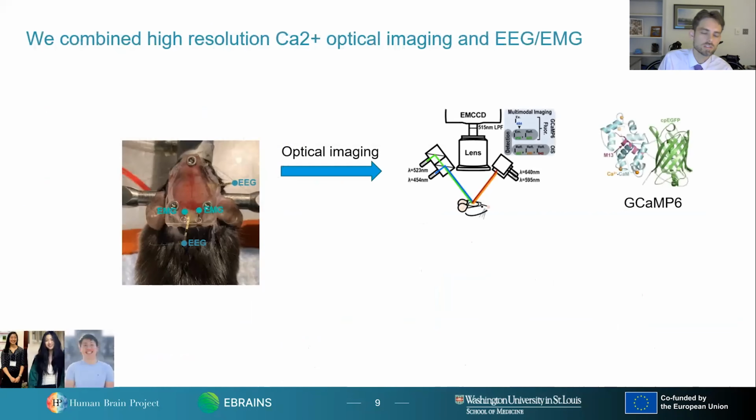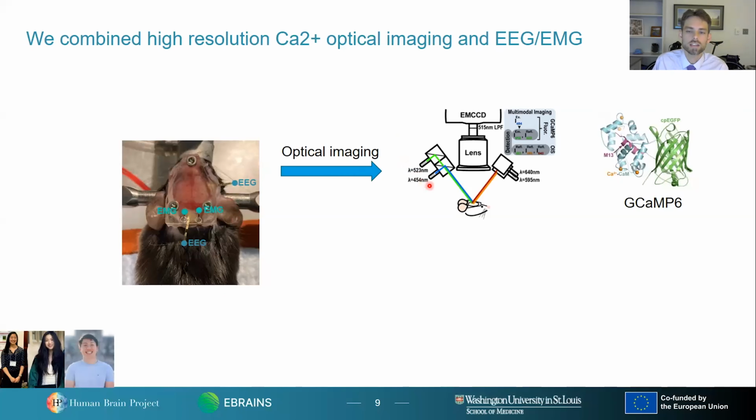And so to do that, our lab uses the wide field optical imaging that you've heard about from 2 speakers this morning as well, where we transgenically express the GCaMP6 promoter that is activated upon binding calcium and is expressed in Thy1 pyramidal neurons. And then we take a clear plexiglass window, retract the scalp, put it on top of the intact skull.